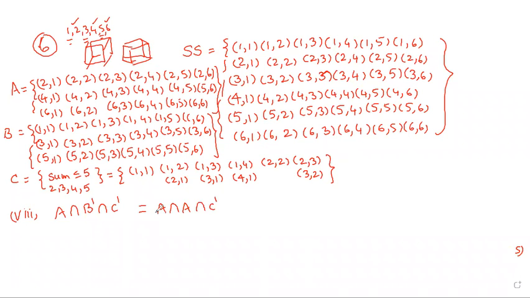Then A intersection A is A, intersection C dash. Once again observe, intersection C dash.